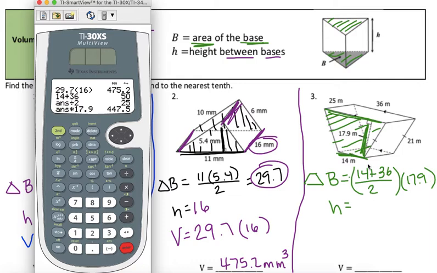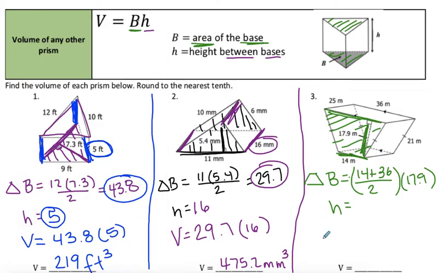If I wanted it to look exactly as how I had written it there, I could have written that out all at once too. 14 plus 36 over 2, parentheses, times our 17.9. And I would have gotten the same number. I just did one step by step. This one does it all at once.